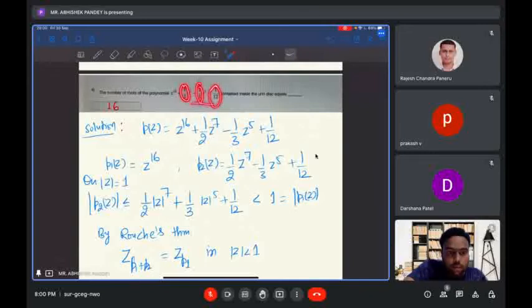So my intuition is that if I take p1 as this and p2 as the whole of this, and take the modulus on the unit circle, we will always get a modulus less than 1. So choosing P1 and P2 depends on your observation of how your P looks. There is no trick, it is just an observation.